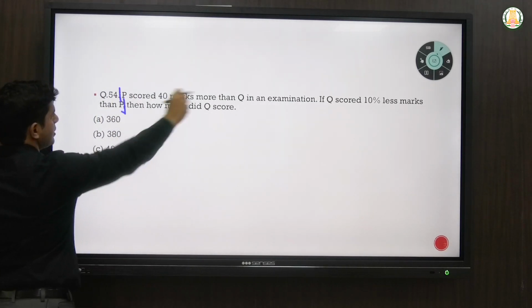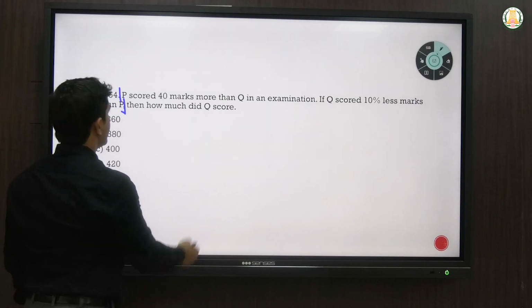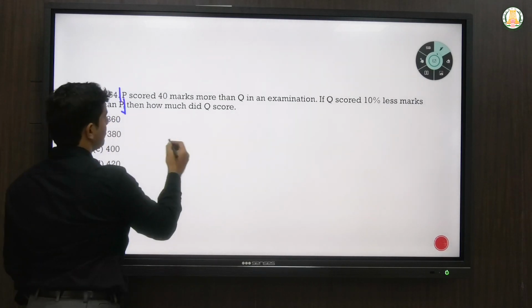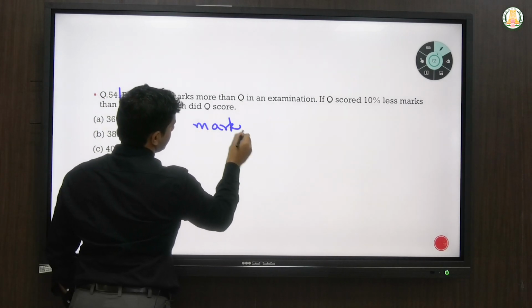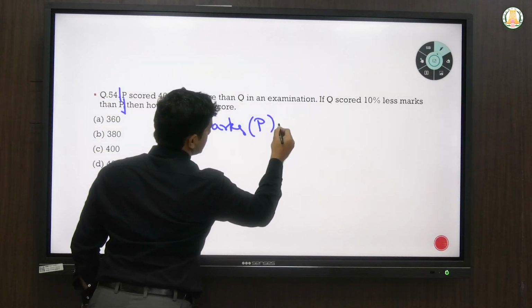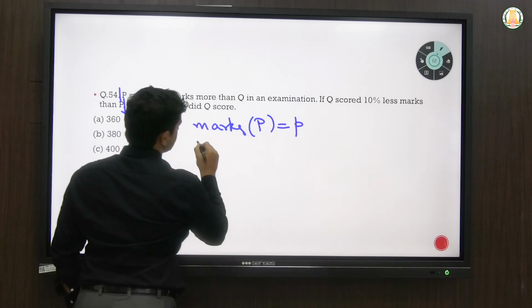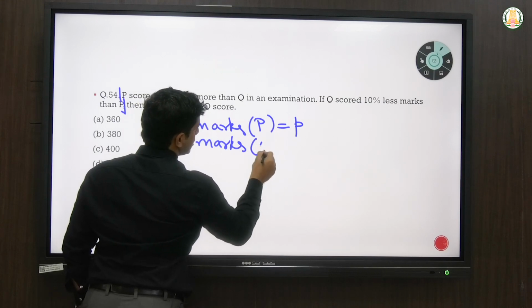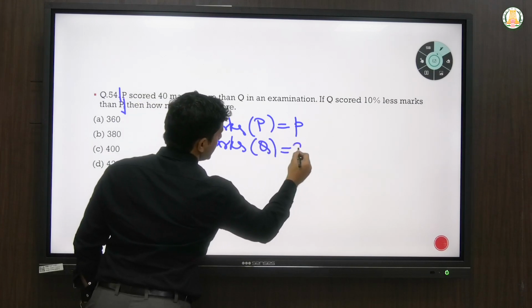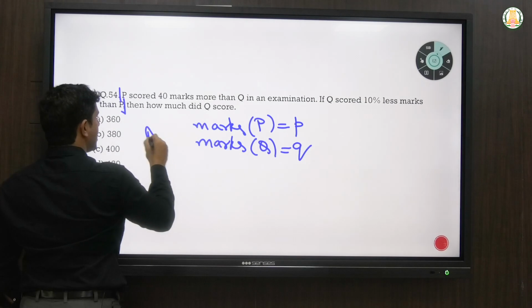So from here to here, let's represent it in marks. Okay, now I'll assume marks scored by P is P, let's say for simplification we can put small p, and marks scored by Q, because we don't know anything about their exact marks, we can only assume things.